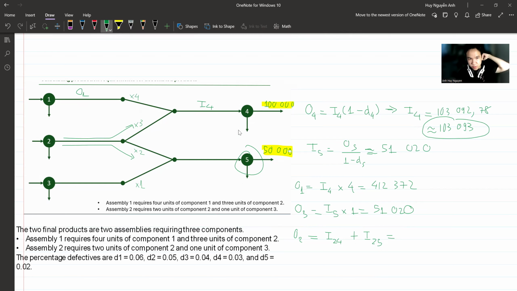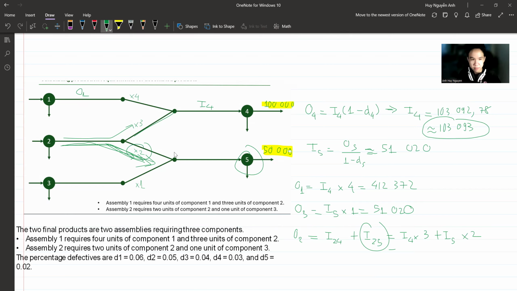I24 is this path. So in order to make one product number 4, we need three component 2, right? So I24 equals I4 multiplied by 3. And I25, which is this path, equals I5 multiplied by this factor of 2.